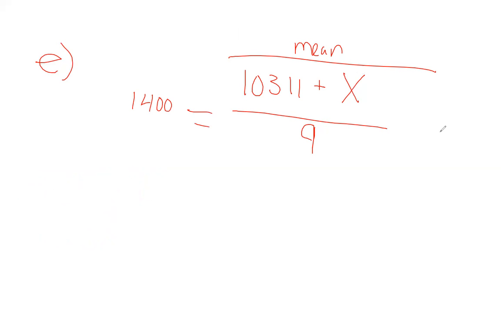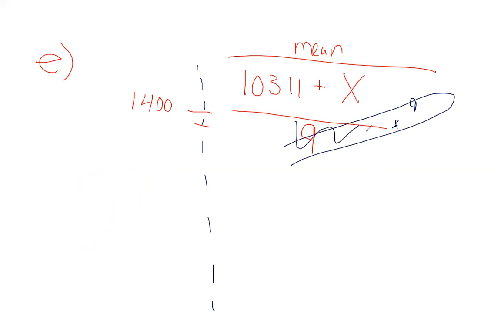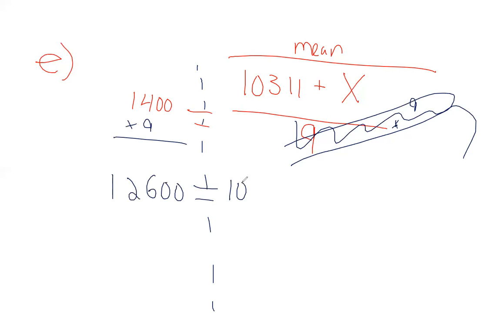So I'm going to do the opposite of division and multiply by 9. 9 over 9 cancels out, and I multiply by 9 on the other side too, because I have to do it to both sides. And I get 12,600.